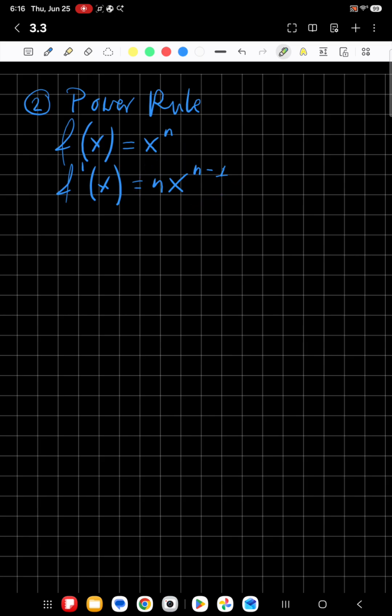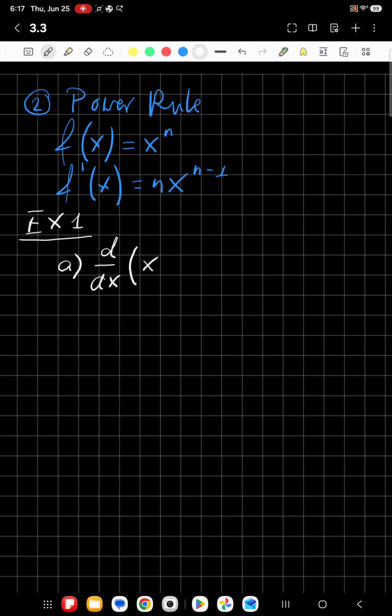Okay, let's do a couple slightly more complicated examples. Example 1. You guys have seen those, like x to the 4th, x to the 3rd.